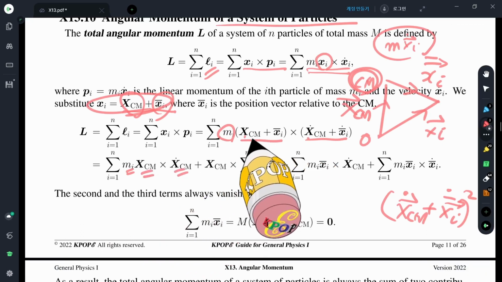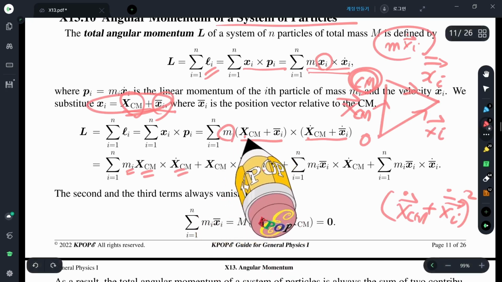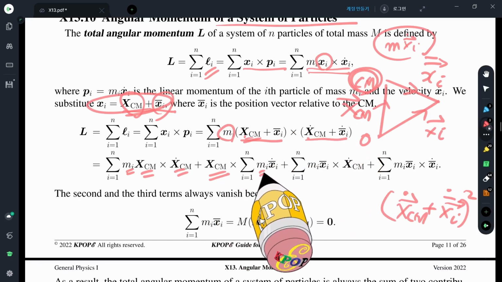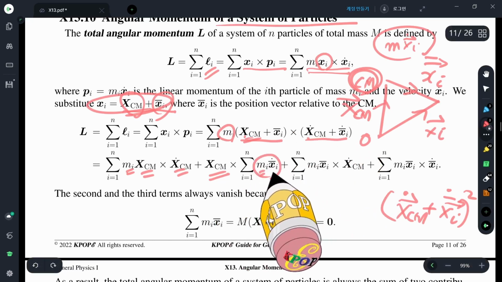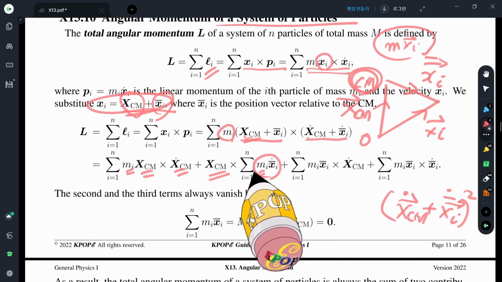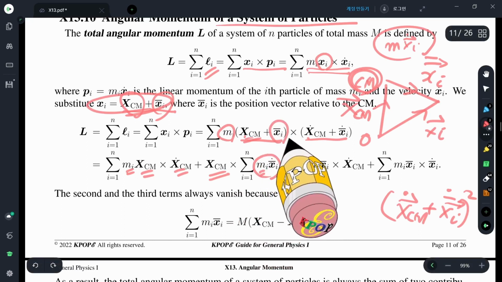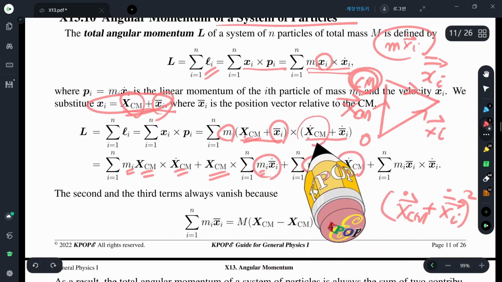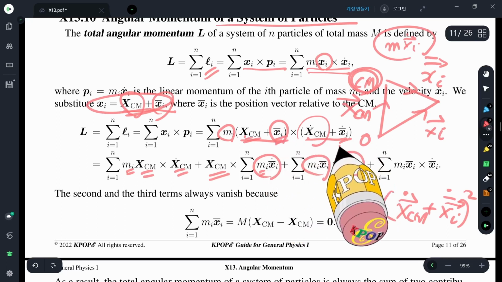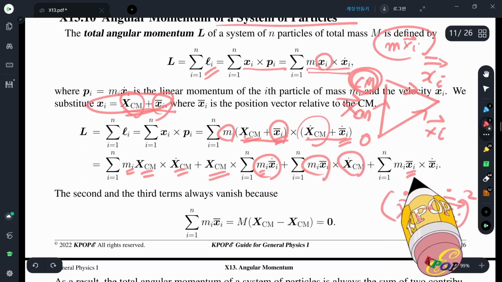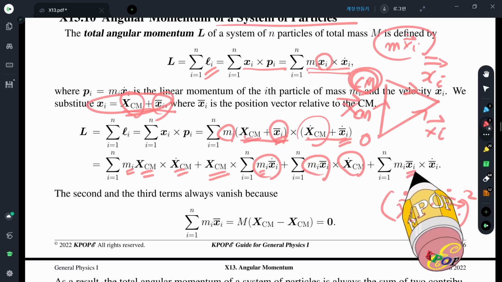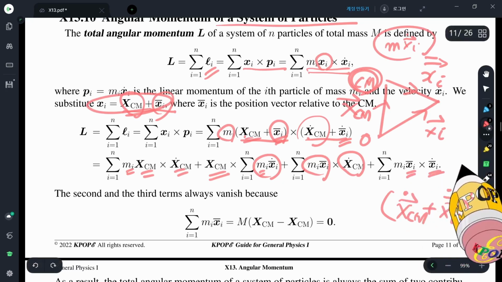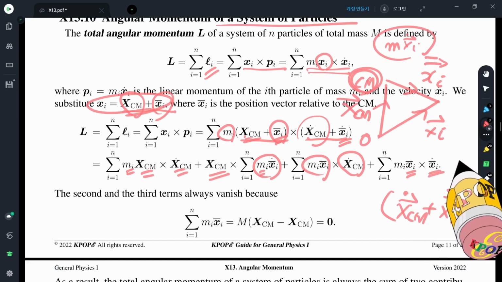The second term, m_i x_CM cross product with the relative coordinate velocity. And the third term, we have the relative coordinate cross the velocity of the CM. The last term is the position relative to the center of mass cross the velocity relative to the center of mass.